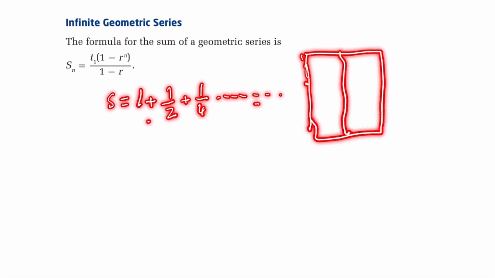The first one was 1, and now we are adding a half, and again we divide that half into another half, and again we do the same thing to the remaining half, and we continue to do that to an infinite level.